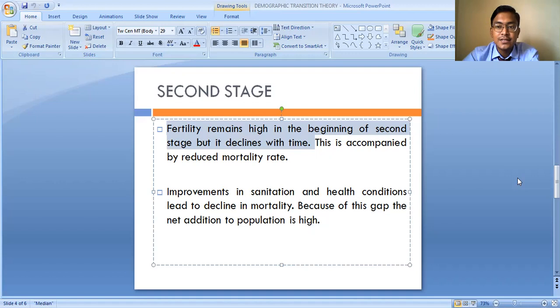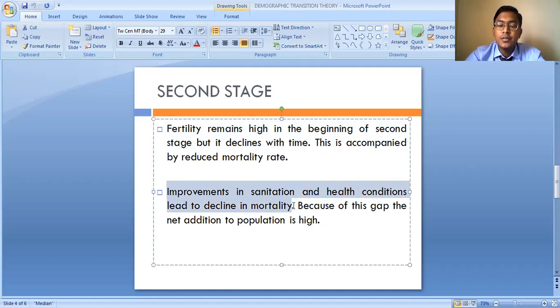So in this second stage, the population starts increasing. In the first half of the second stage, the birth rate is high and the death rate is declining, so the population increases. The most important characteristic of the second stage is that improvement in sanitation and health conditions leads to a decline in mortality.